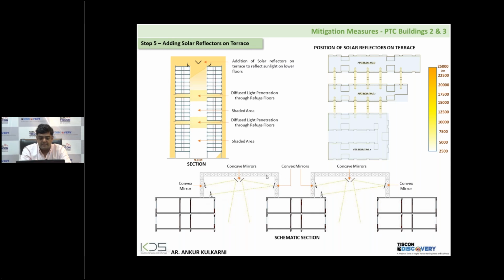The sun rays are getting reflected by the convex to the concave, and then reflected back into that well. This is a very simple section. The only thing is, we have tested this on a small model, but I'm sure at least a 50 to 60% success rate will be there when we actually install it on a building.